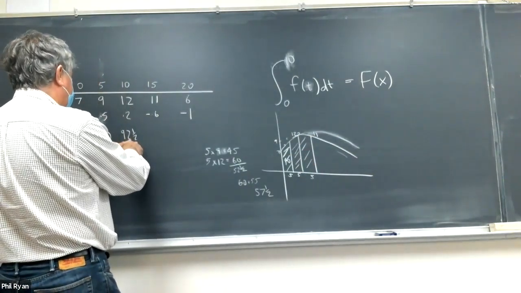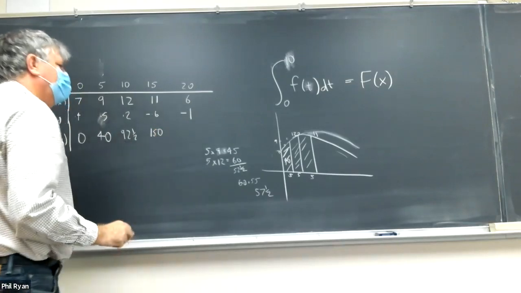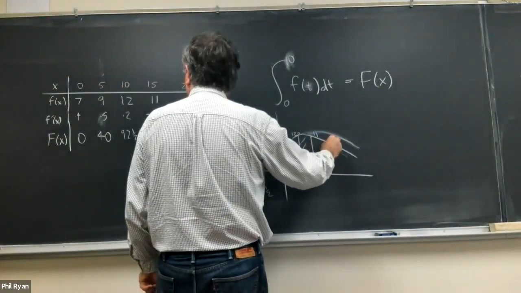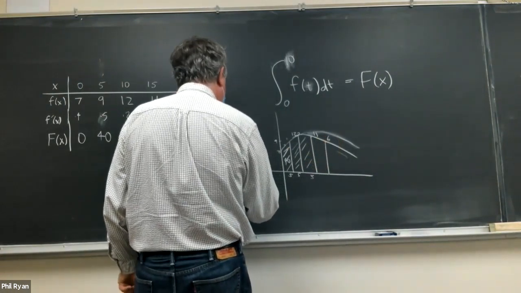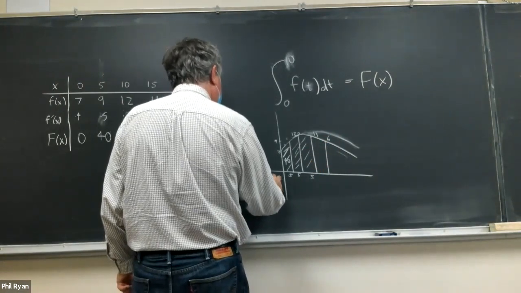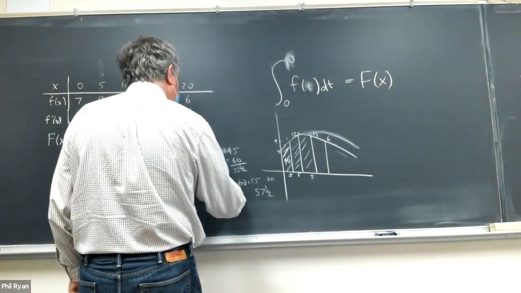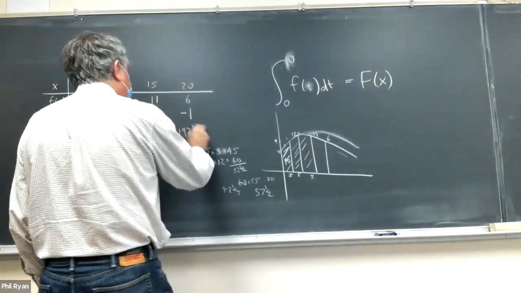What do I get? 150. And then finally, here it's 6. So 6 times 5 is 30. The average of 30 and 55 is 42.5. I add it to this and I get 192.5.